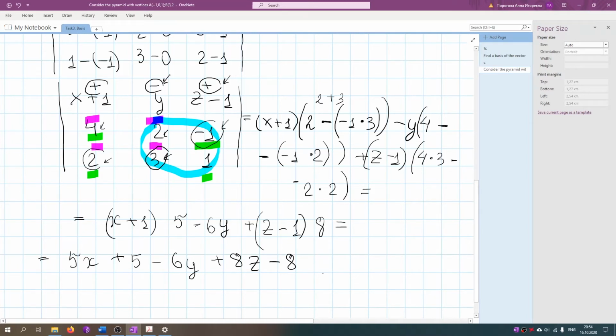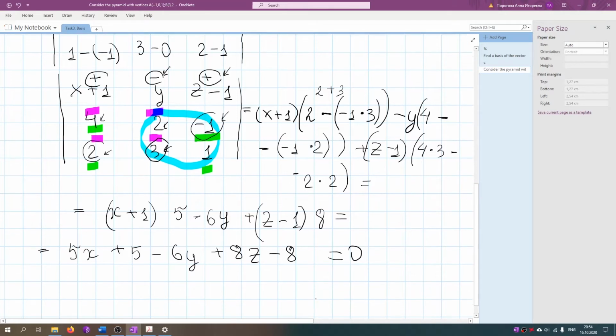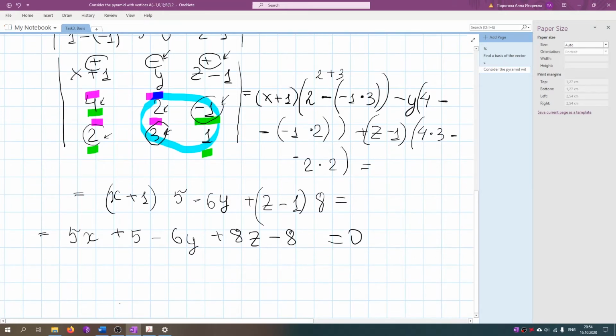Well, and we know that all this will be equal to 0. So actually, we can simplify it even more, and we will get 5x minus 6y plus 8z minus 3 is equal to 0.